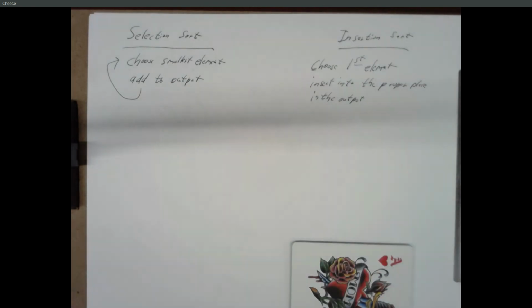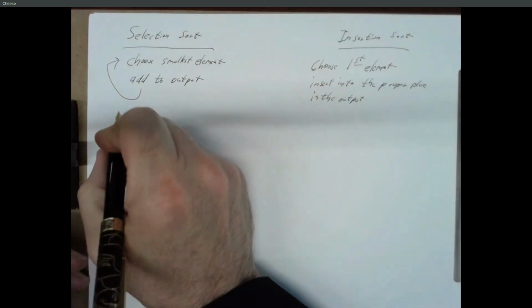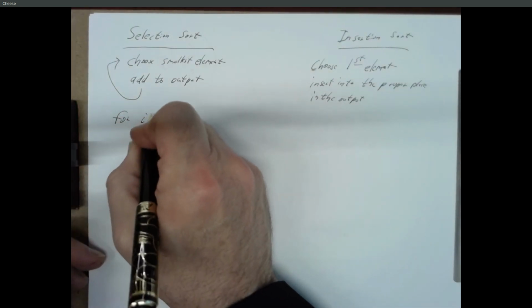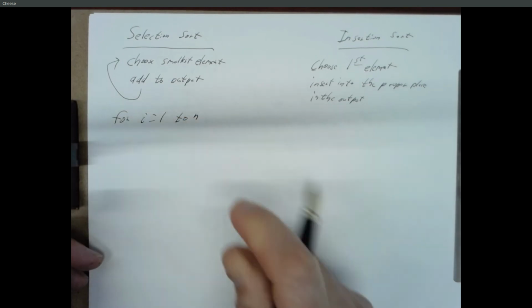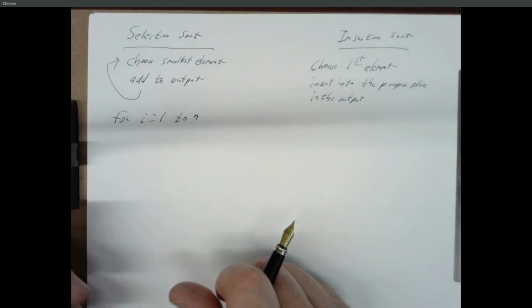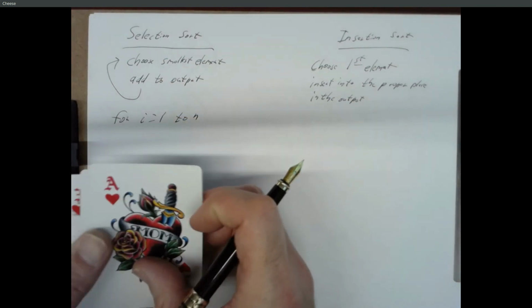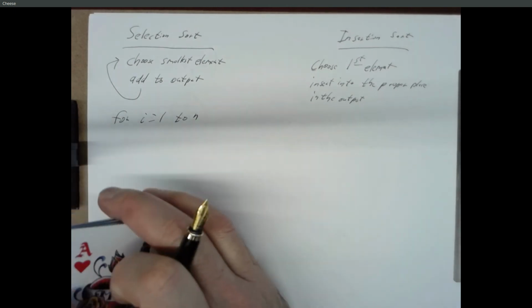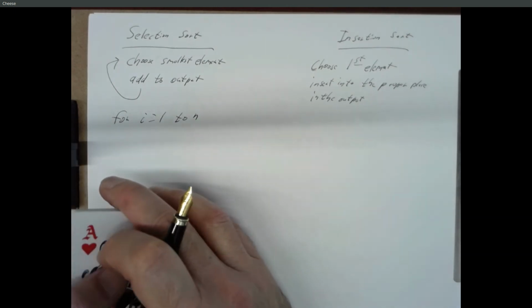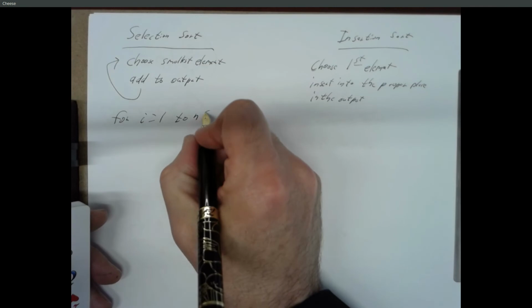All right, so selection sort. So for I equals 1 to n, you have to do this for each card that you're going to add to the output. So if you have n numbers you're trying to sort, you're going to have to do a total of n passes, right?